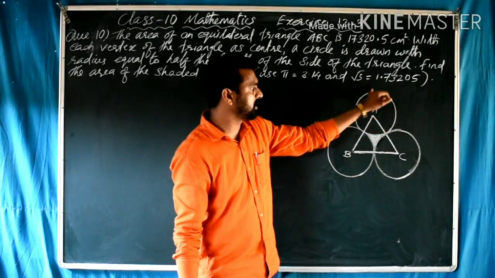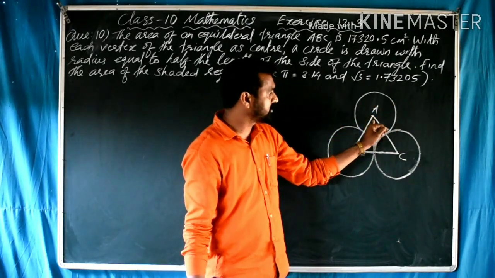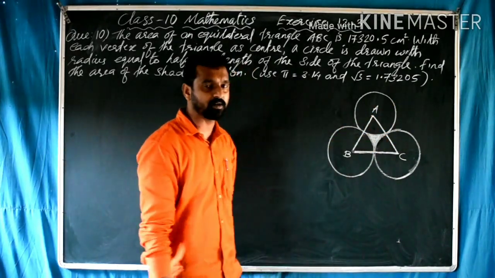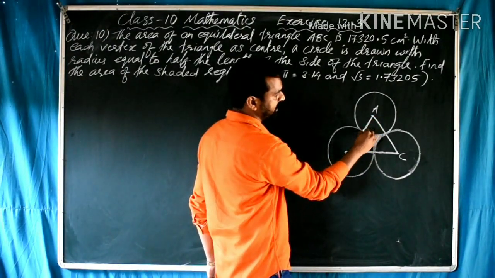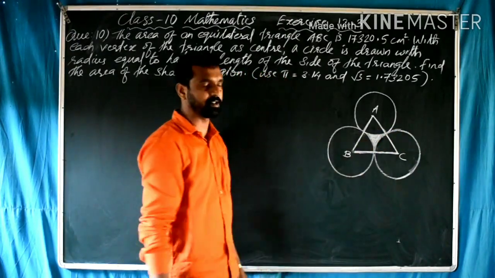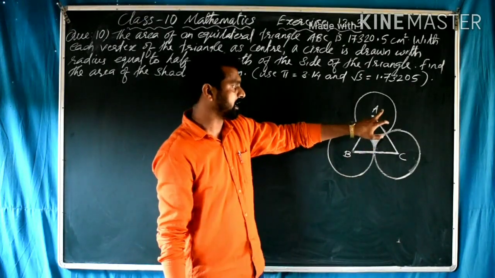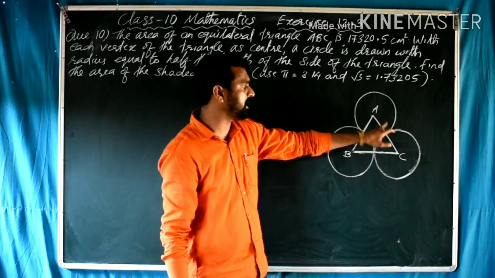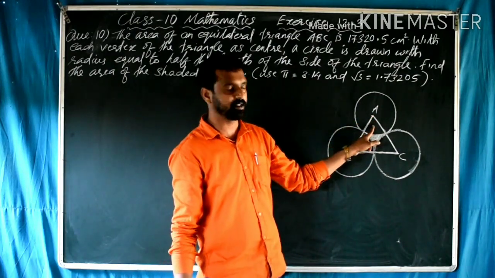This one is a circle with the center A, and this portion is called the sector of the circle. The area bounded by two radii and the corresponding arc is called the sector of the circle.